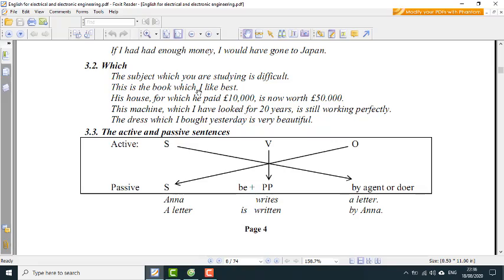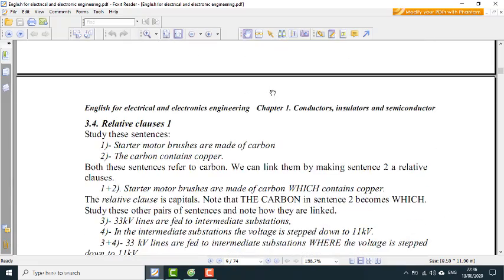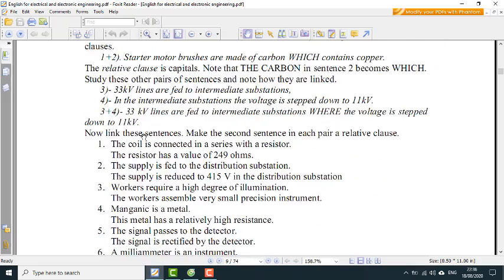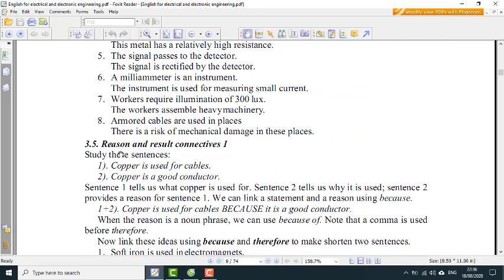You are studying a difficult, etc. Relative clauses were related to reason and result connectives.